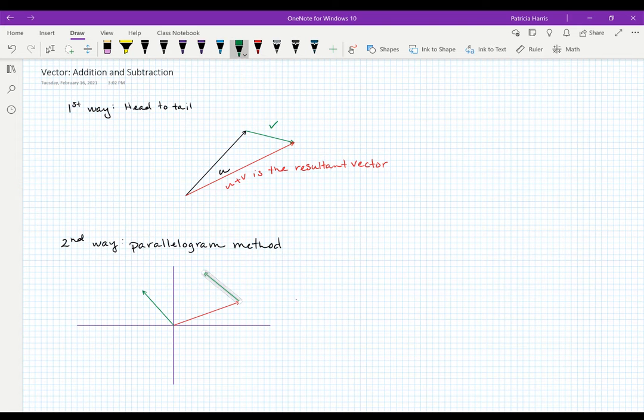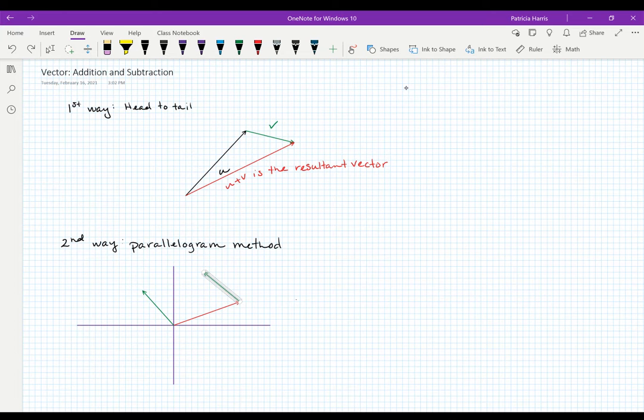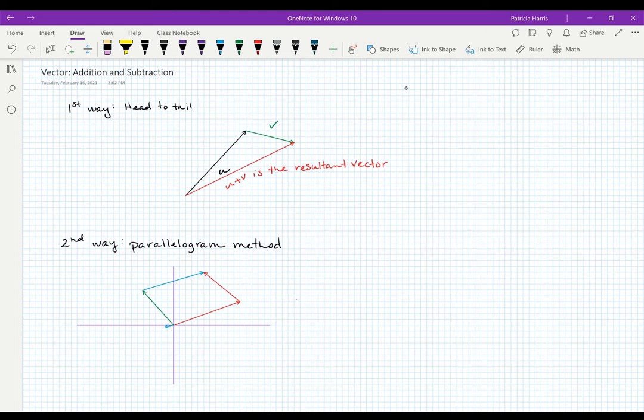Doing this the best that I can. Okay. And then the diagonal of the parallelogram from the origin will be the resultant vector.